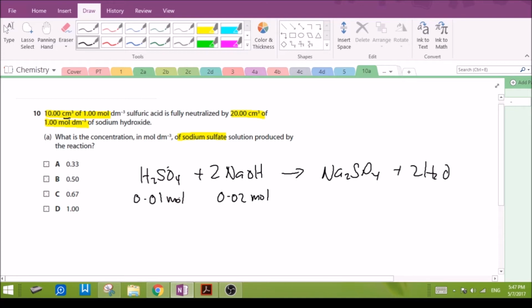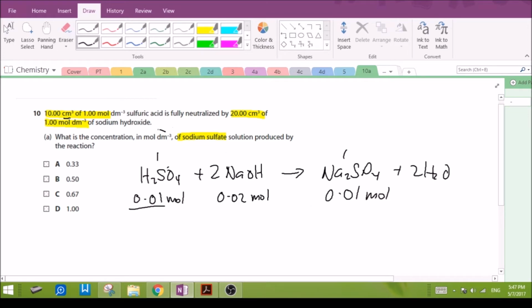We need twice the amount of sodium hydroxide for every sulfuric acid, right? So let's use sulfuric acid to find out the amount of salt. Ratio between sulfuric acid and the salt is 1:1. So 0.01 moles of sulfuric acid will give us 0.01 moles of sodium sulfate.